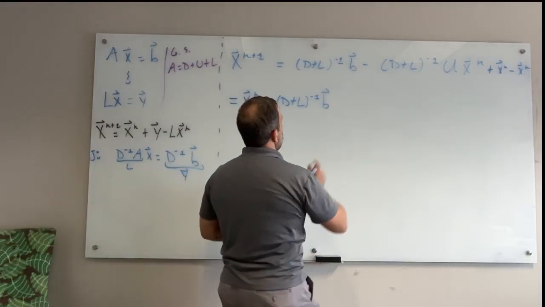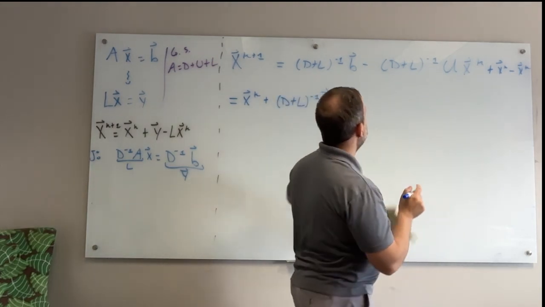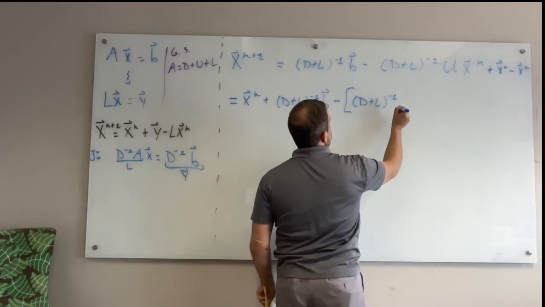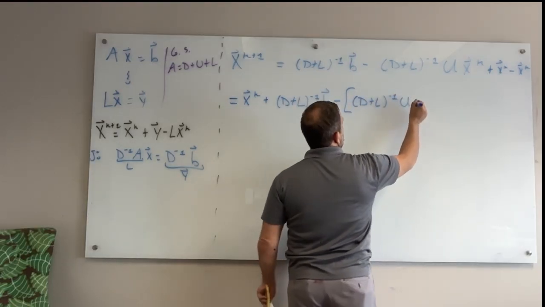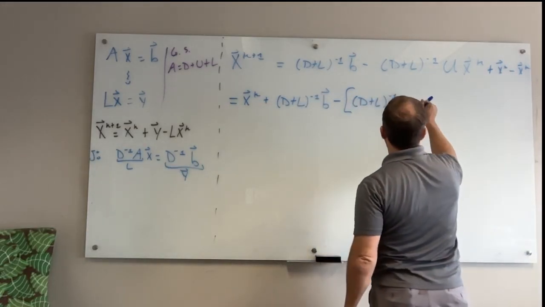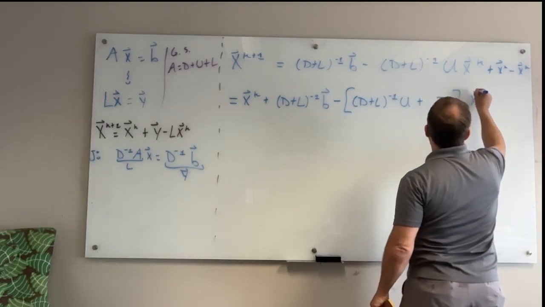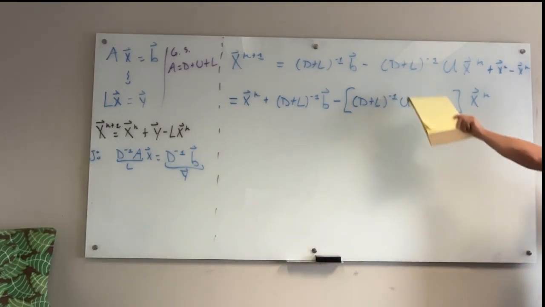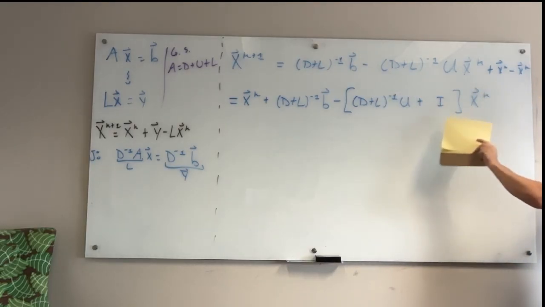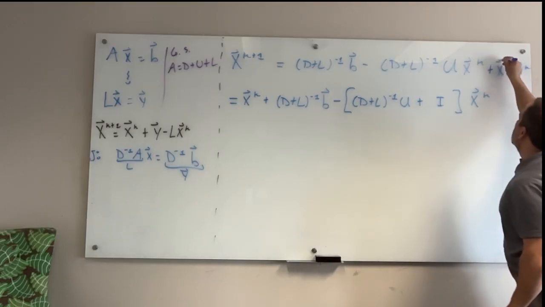Inside the brackets, I'm going to have minus (D+L)^{-1} U x_k, and then also this plus x_k, which I can write as the identity matrix times x_k.